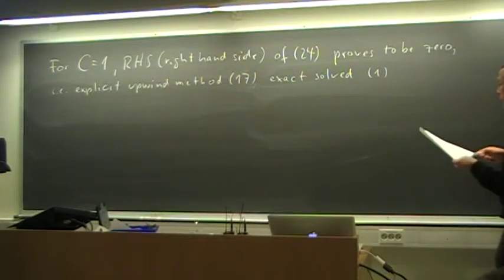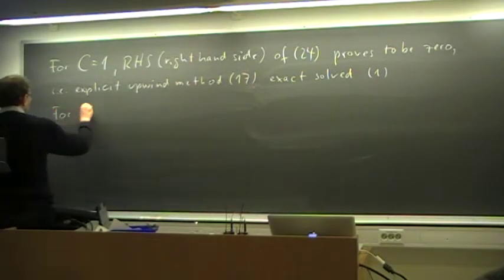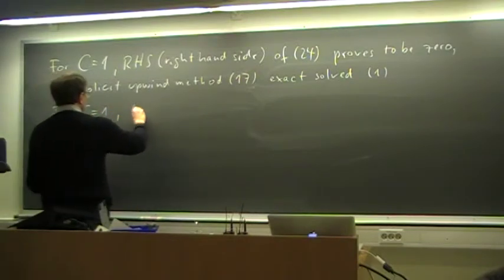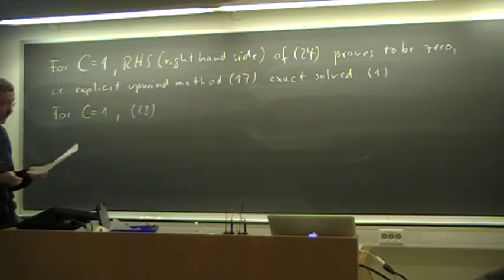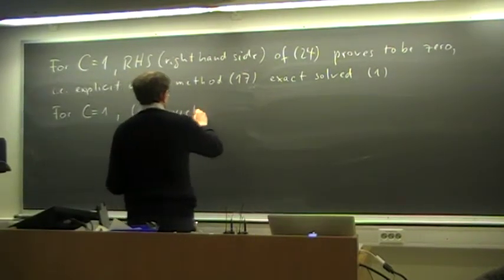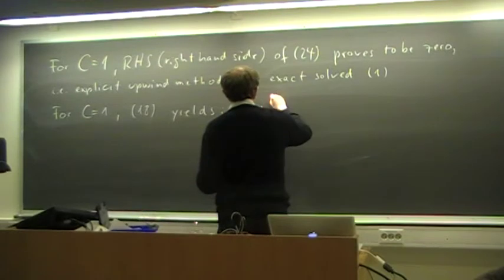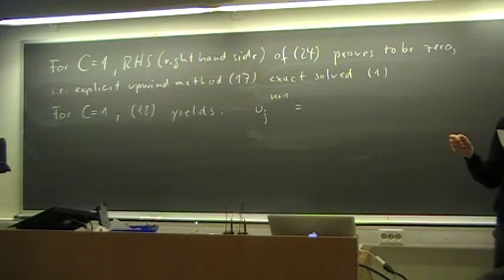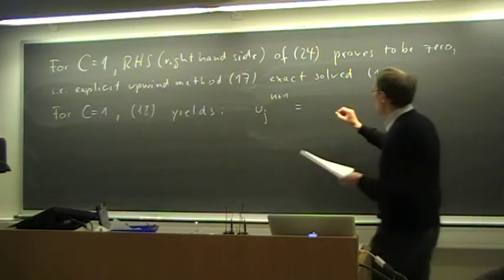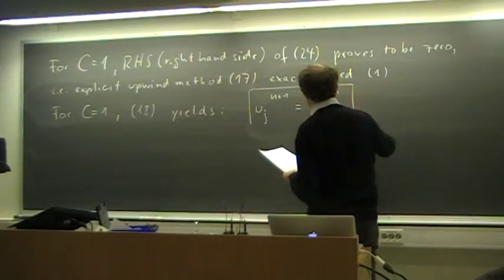Well, when C is 1, Courant number 1, then the algorithm that we use to compute our unknown at the new time level yields u_j^(n+1) is equal to, and then we had (1 minus c) u_j^n plus c u_(j-1)^n. So we get u_(j-1)^n. So that is what we get.